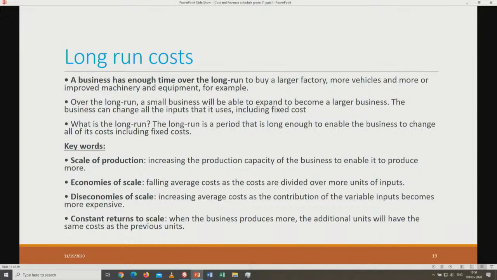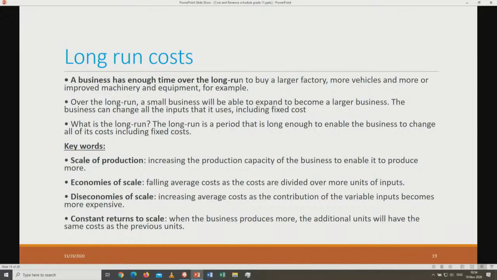The business experiences diseconomies of scale when its average costs are increasing. Why? Because the contribution of the variable inputs becomes more expensive. Then we say the business is experiencing diseconomies of scale.